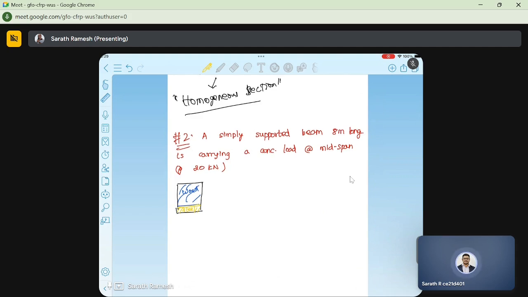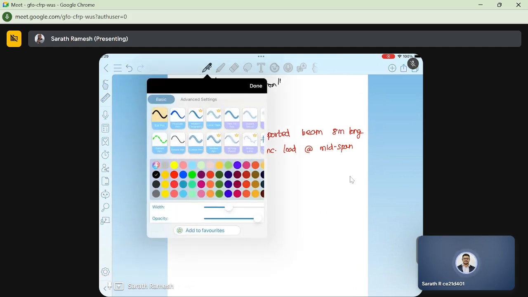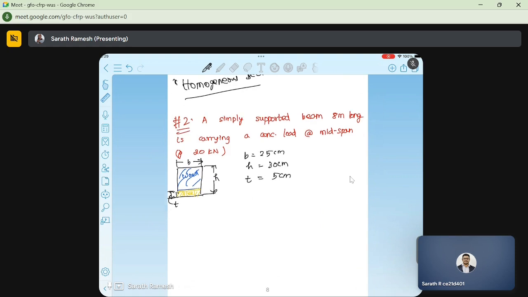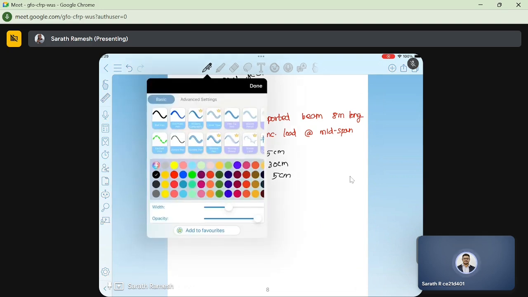Now we have been given the width of the section as 25 centimeter, the total height as 30 centimeter, and the thickness of the steel portion as 5 centimeter.